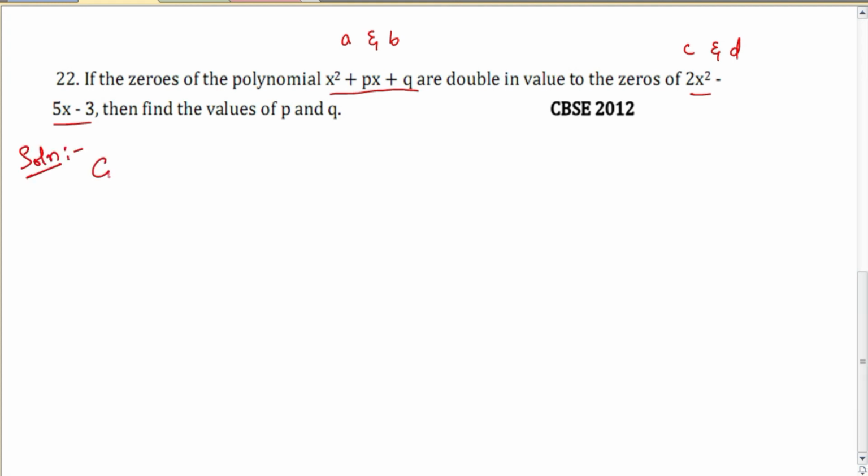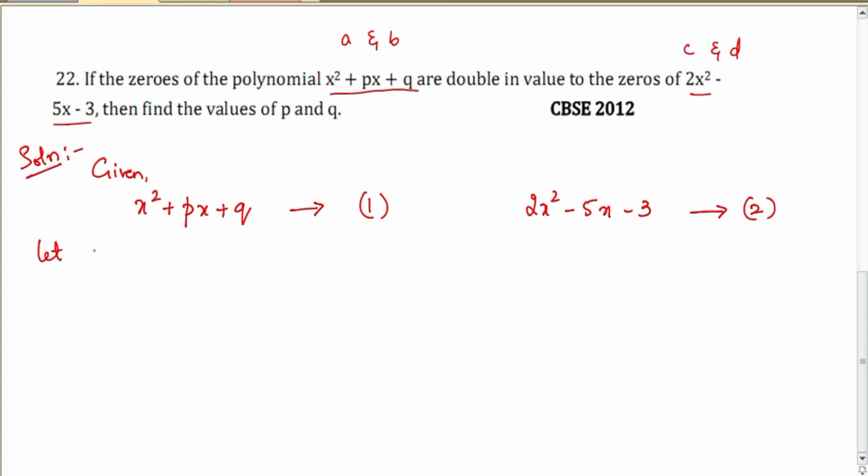Okay, given x square plus px plus q, and this is equation number 1. Okay, and then 2x square minus 5x minus 3, this is going to be equation number 2. Let a and b be the zeros of 1.